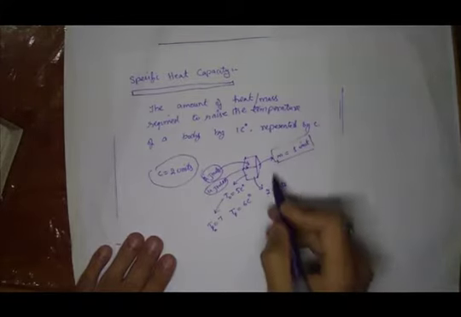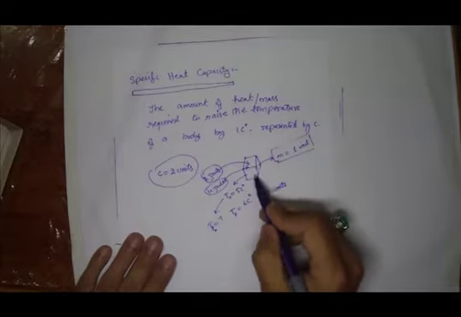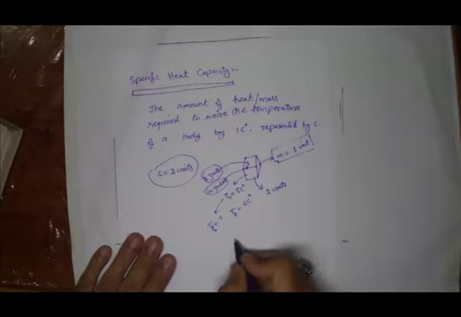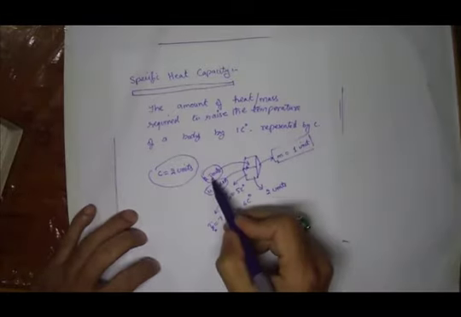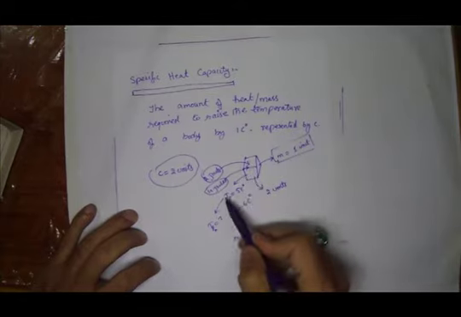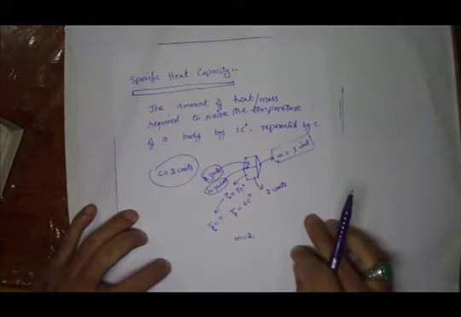Now assume the mass of this object is 2 units, then if we provide 2 joules of heat to this object, what will be the effect on this temperature?